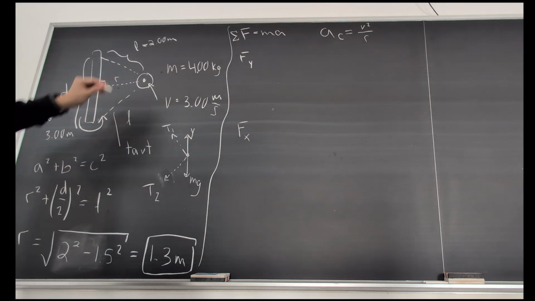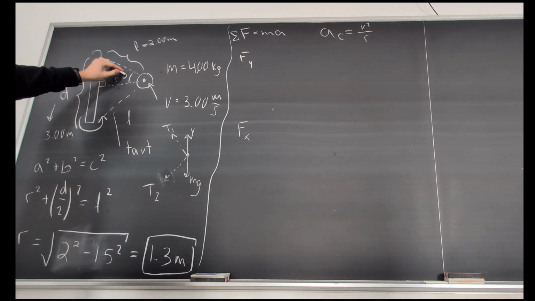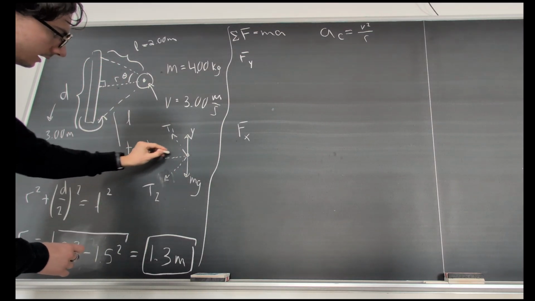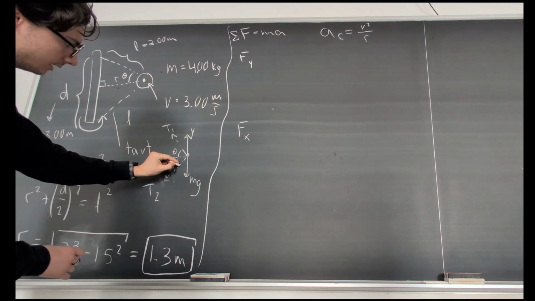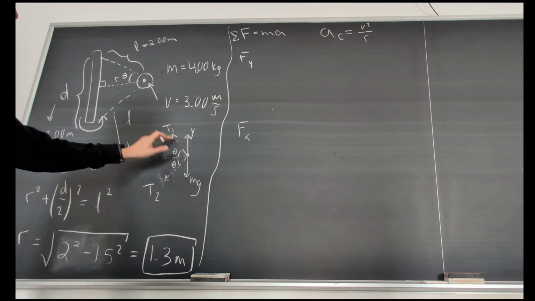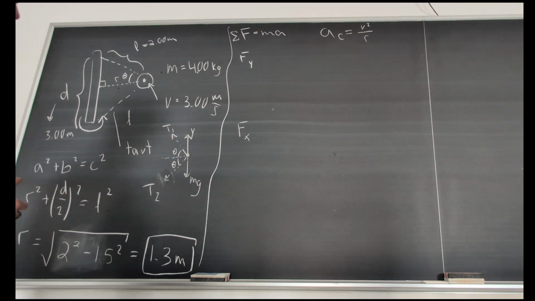Another thing that's interesting is one of the angles over here. I chose this angle here, theta. You could choose any angle, but if I have this angle, then it is the same angle over here, because the scenario is symmetric. If you have these two angles, you could split up the tension into the y and the x components, which is pretty useful.